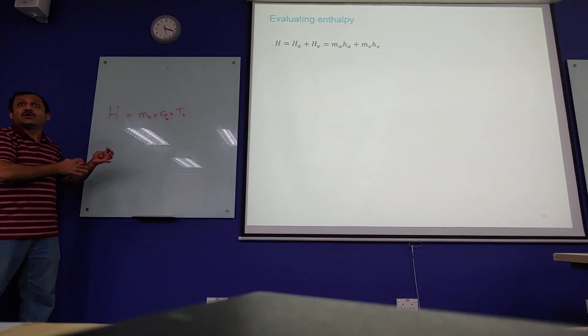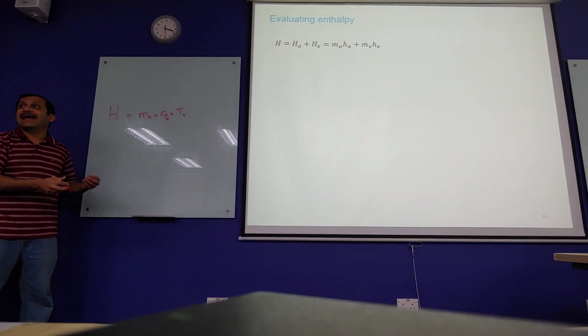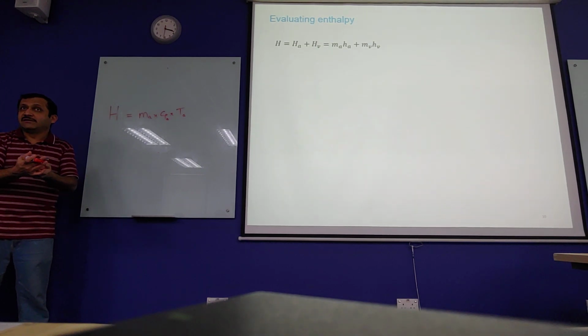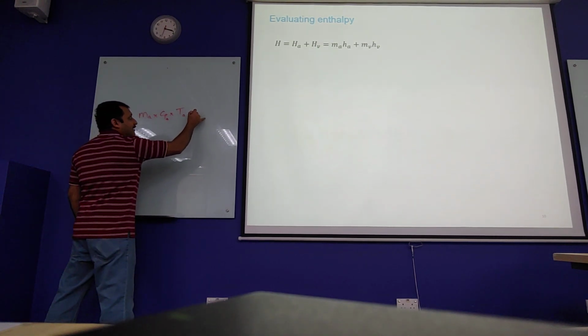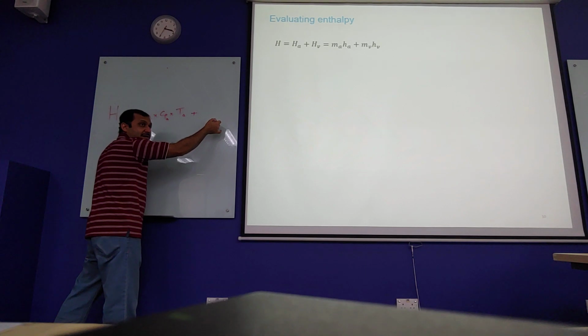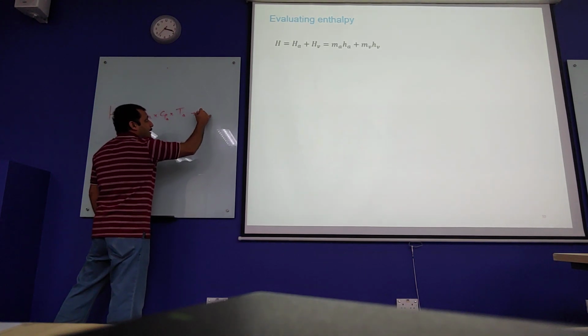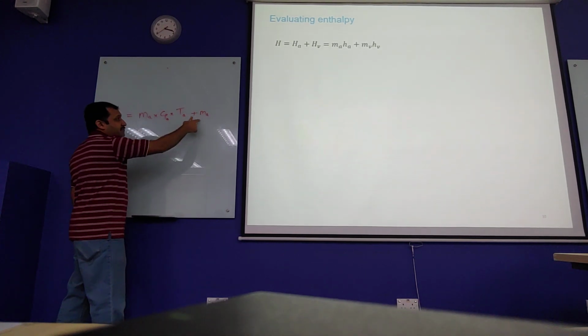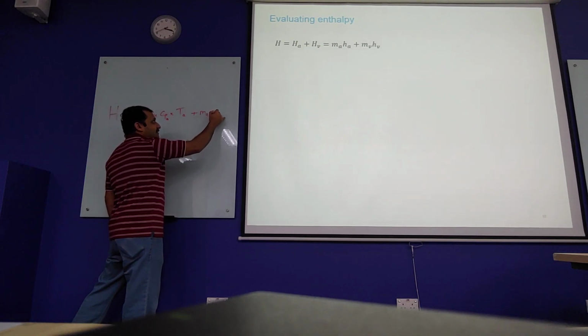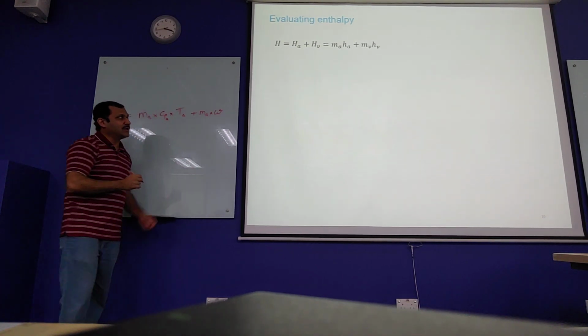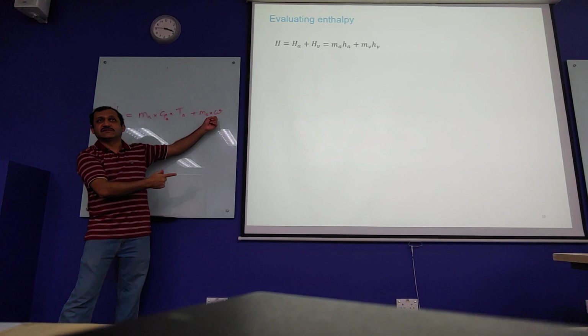Now, if air was moist, if that air had moisture in it, then you have to add, what do you need to add? Again, mass of dry air, still mass of dry air, times omega. What is omega? We just discussed.